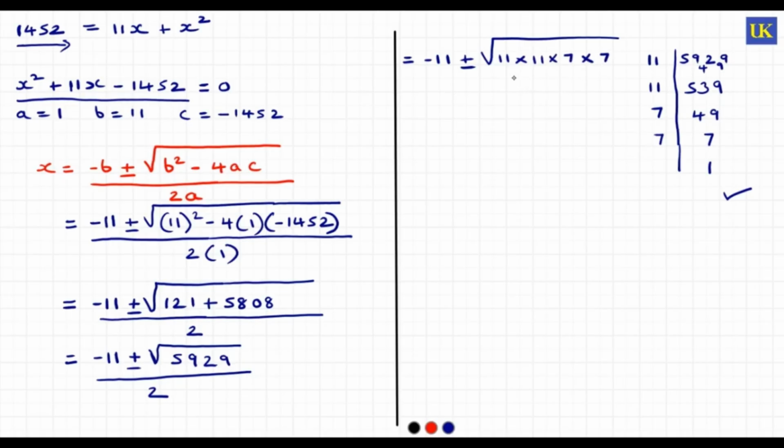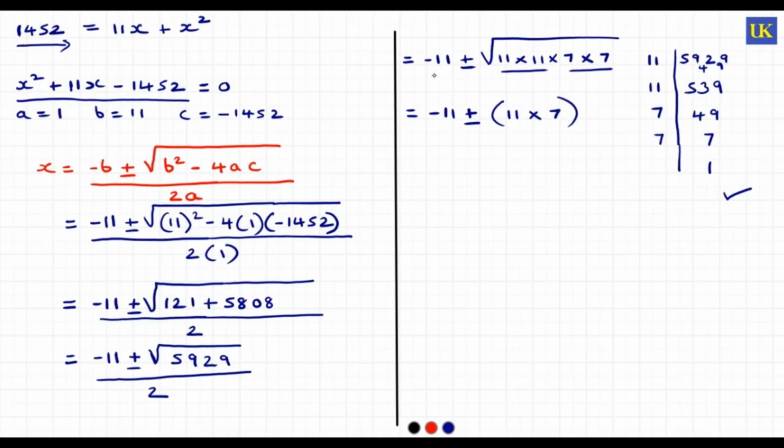But why we are doing like that is because now we will form the pairs, and once we form the pairs the numbers will jump out of the square root and that square root will go off. Then it will become easy for us to do the further calculations. So 11 will also jump out and 7 will also jump out from the root and the square root will get cancelled.